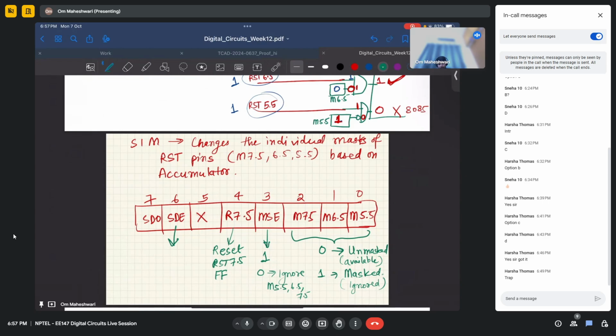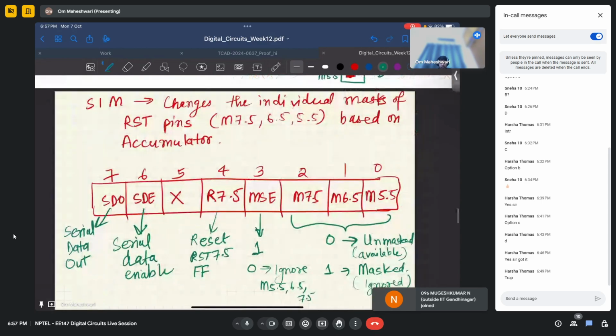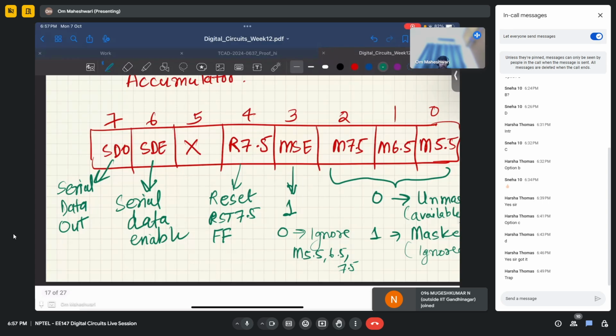This does nothing. SDE and SDO are not of our concern right now, but I'll just tell. SDE is serial data enable, and this is serial data out. So if serial data enable is 1, then whatever bit is stored here, either 0 or 1, will go to some output device.